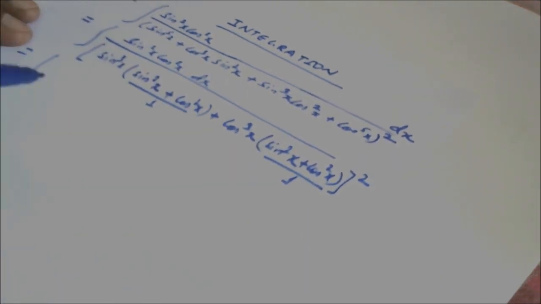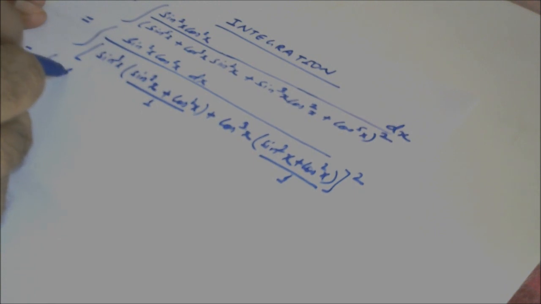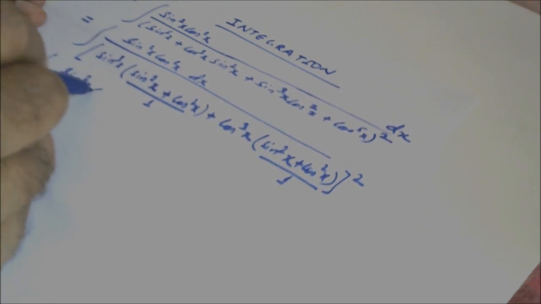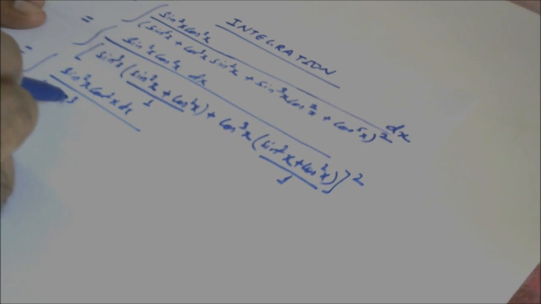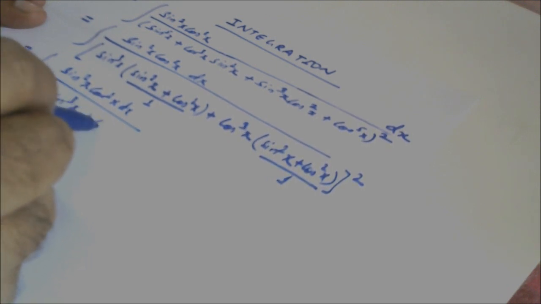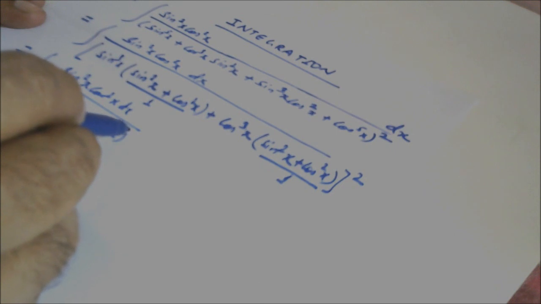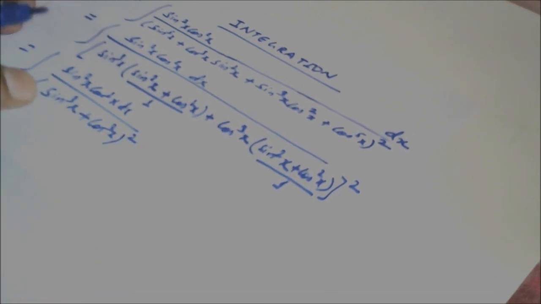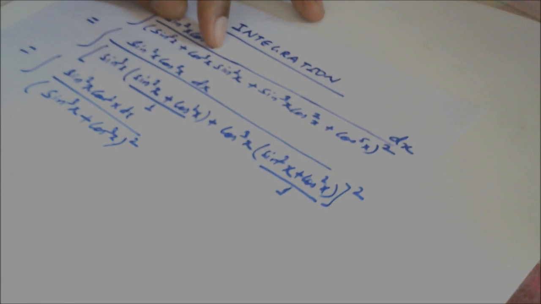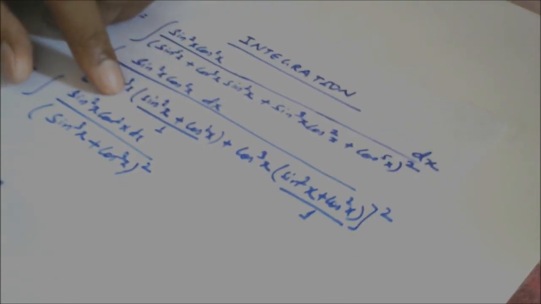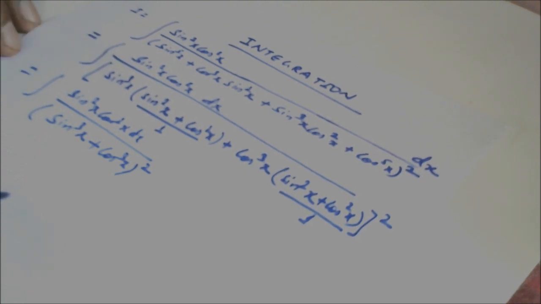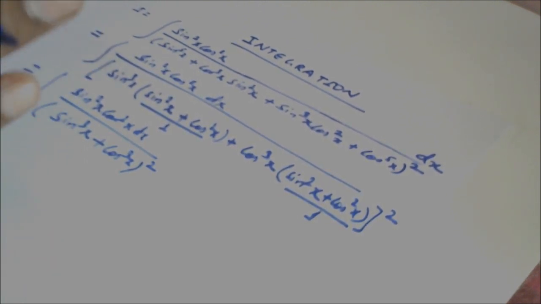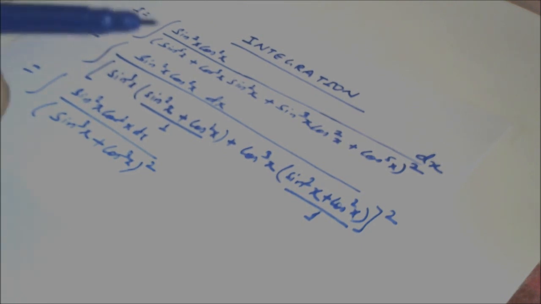Correct? Okay, so now our integration expression reduces to sin cube x plus cos cube x whole square. Earlier a big expression was given, and now after performing some operations and using identities, our expression has got reduced to a smaller expression.